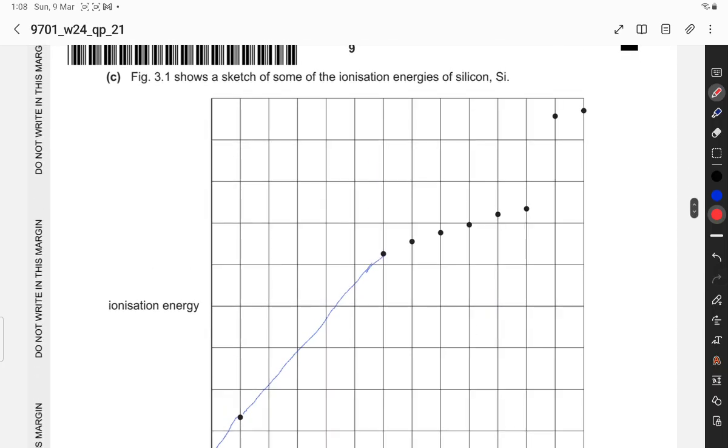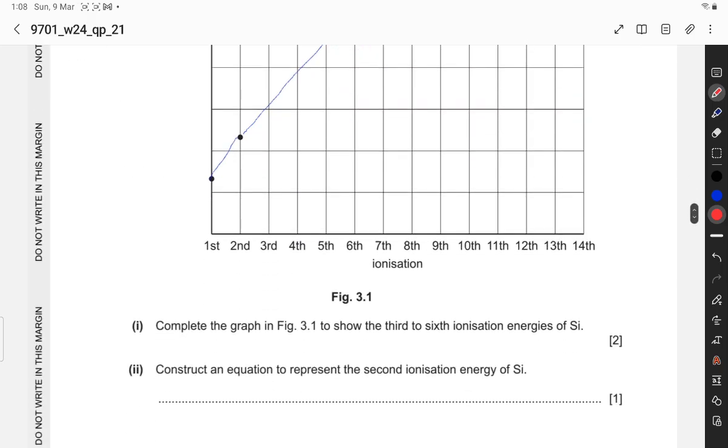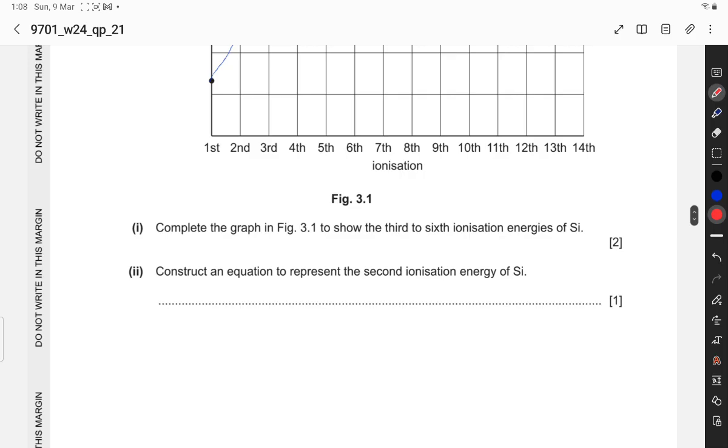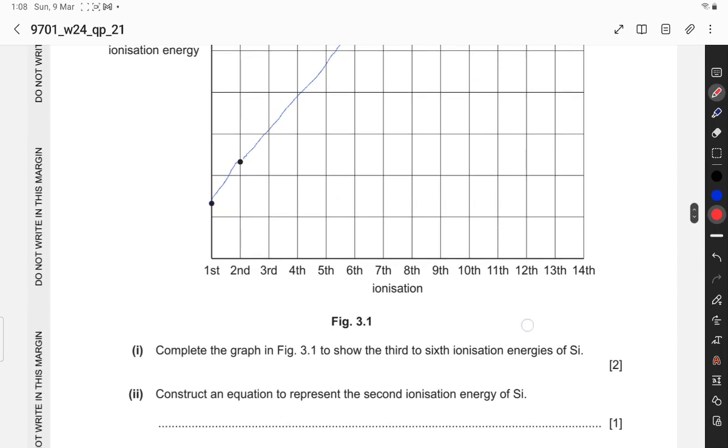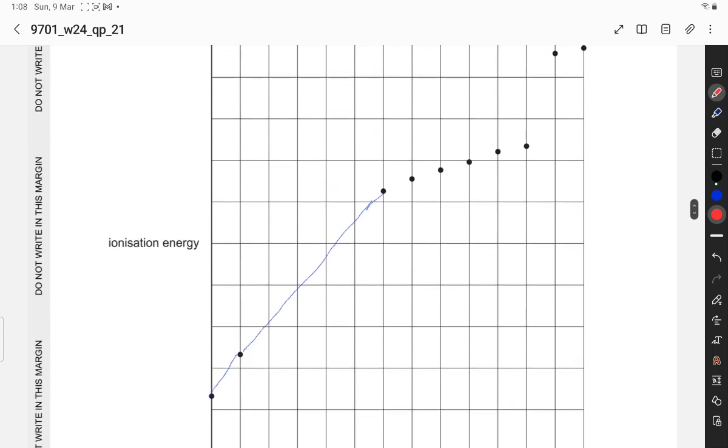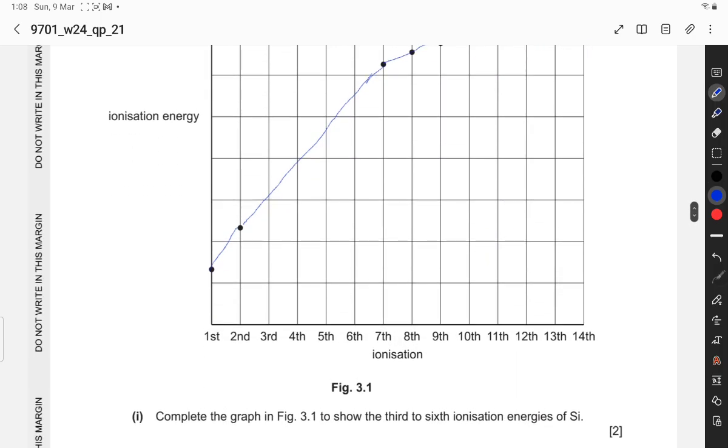Figure 3.1 shows a sketch of some of the ionization energies of silicon. Complete the graph in figure 3.1 to show the third to sixth ionization energy of silicon. So this is, and this is increased because the shell is changed.